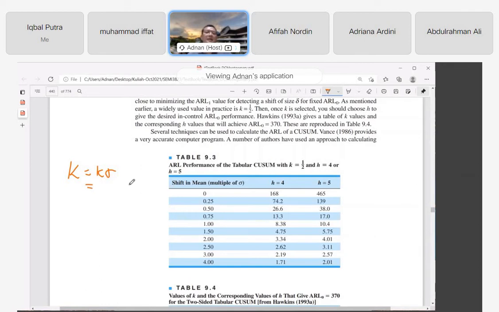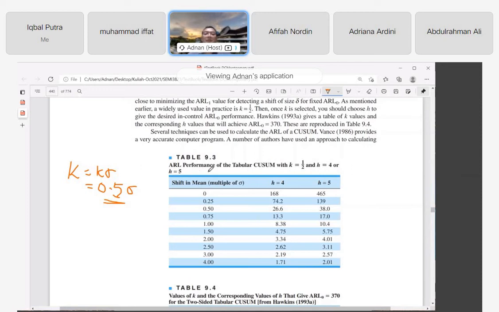In this case, we are targeting the QSUM chart to detect a 1 sigma shift. Remember the guideline given, that k is half of what we are interested to detect.